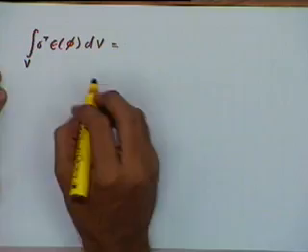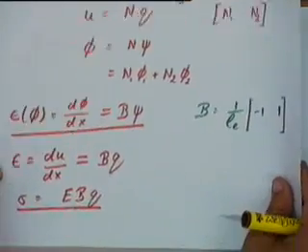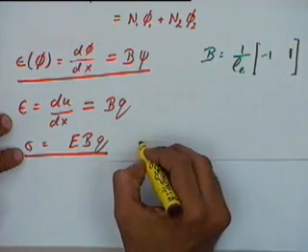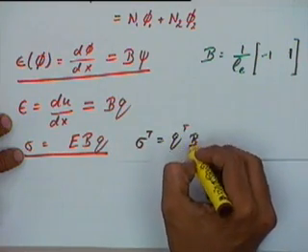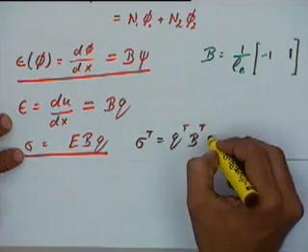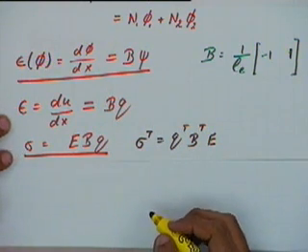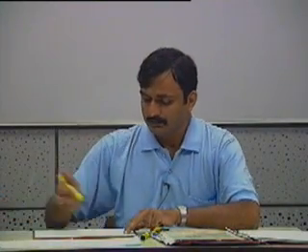Okay, this will be equal to, sigma is equal to EBQ. So sigma transpose will be equal to Q transpose B transpose multiplied by E, which is a constant anyway. That's not a matrix. So I'll put that over here.